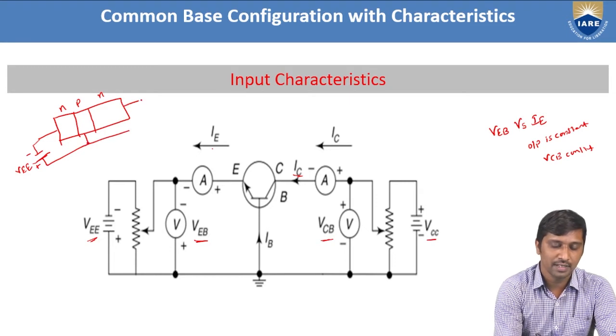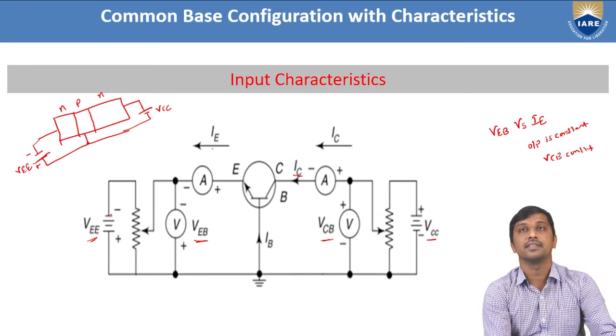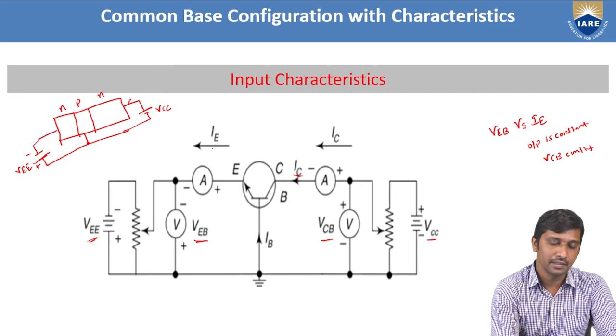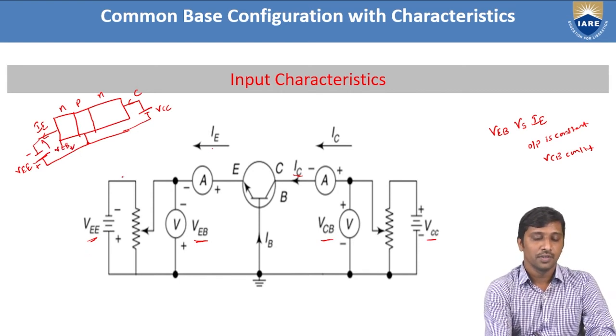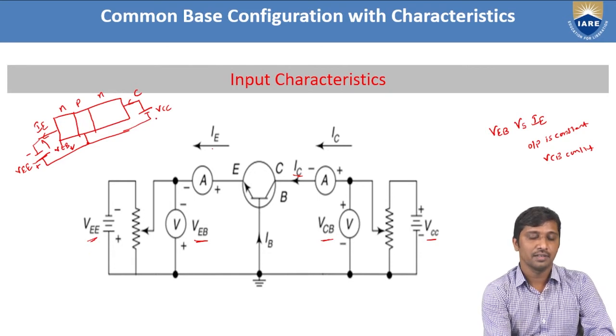Similarly, the output side we need to make a reverse bias: N is connected to the positive pole of the battery, represented as VCC. This is the collector, this is IE, and the voltage between emitter and base is represented as VEB. Now I made this VCC constant.